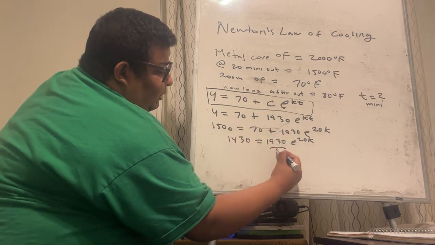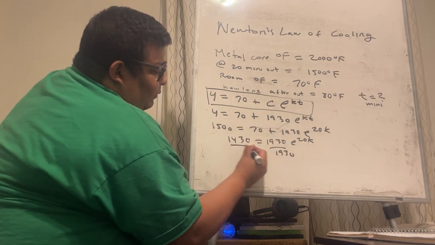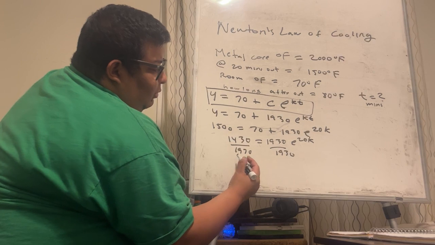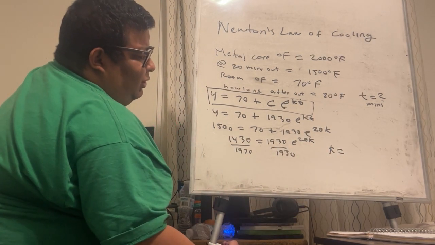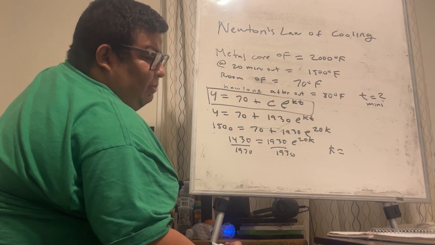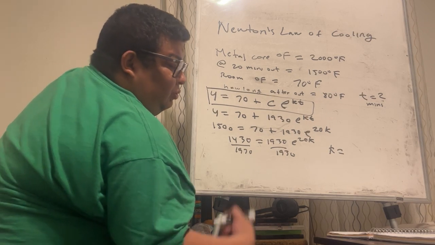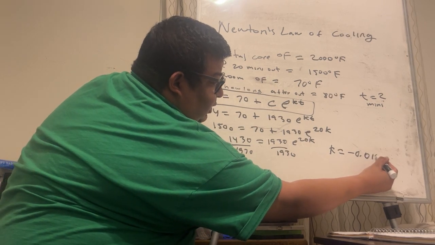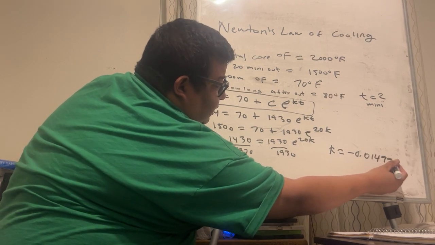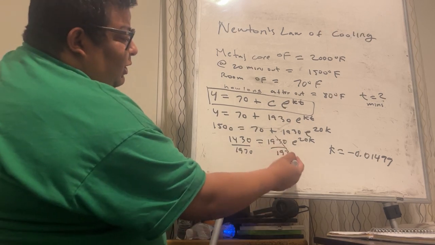We divide by 1930, and k, when you do the math, is approximately negative 0.01499.